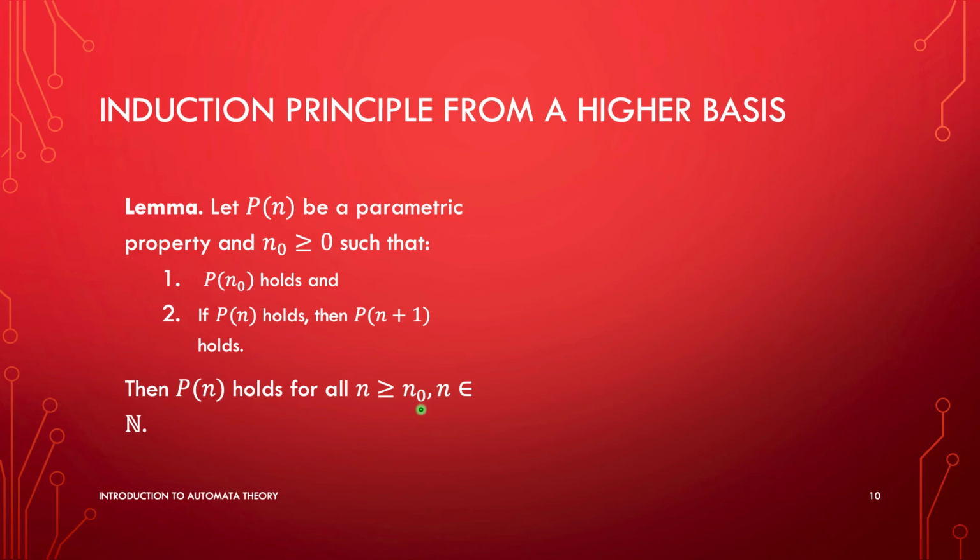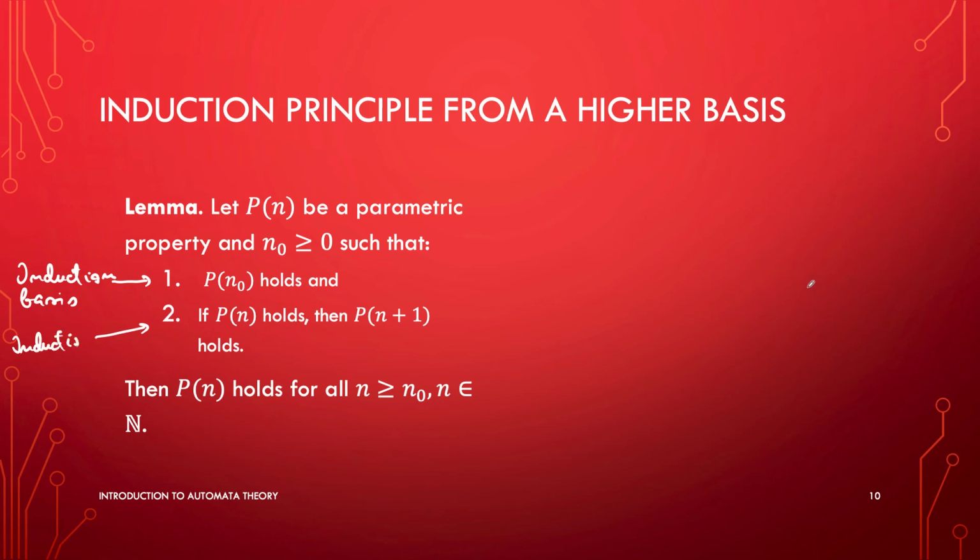So this is very similar to what we had before. We have the induction basis here. And obviously, there is a small difference: the induction basis is not talking about the property P of 0, but about a higher basis. It's talking about P of n0, whatever this n0 might be in your case. And we deal with the same idea of having an induction step.